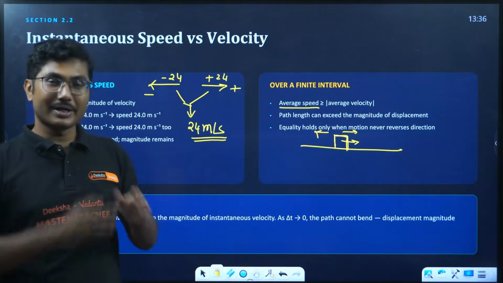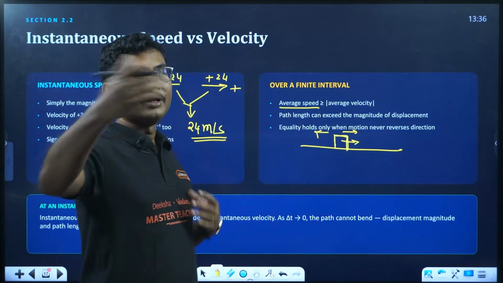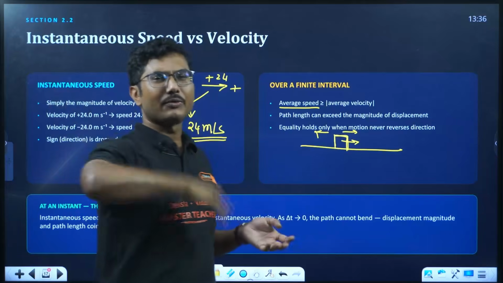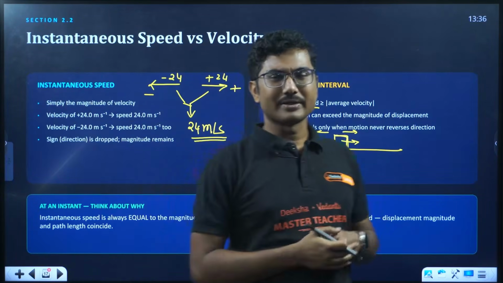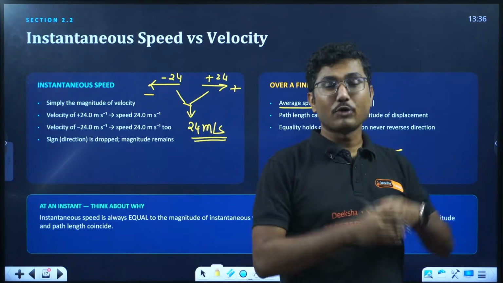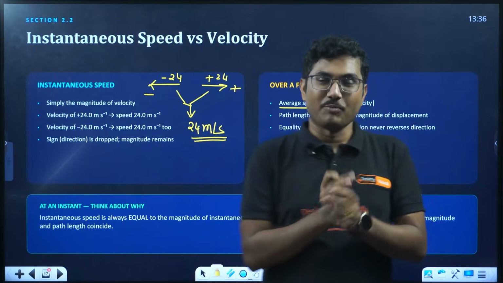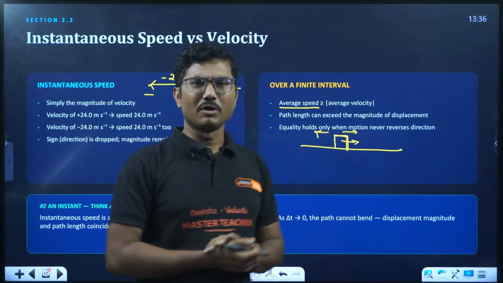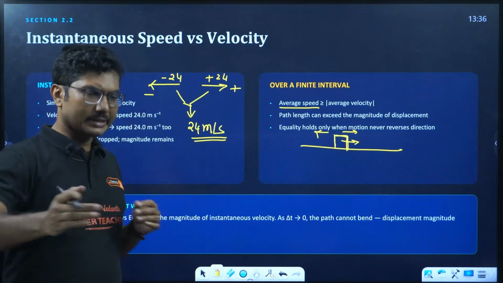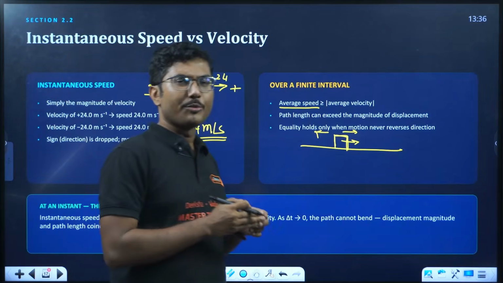Average speed, however, considers total distance. The total distance is important, not the number of times it goes forward or backward. So 5 kilometers ahead, then 2 kilometers back, like that.